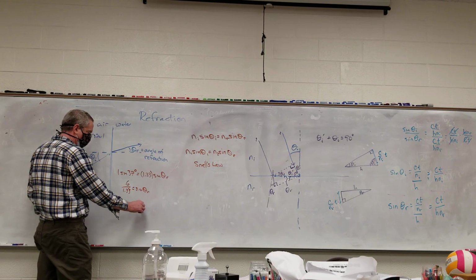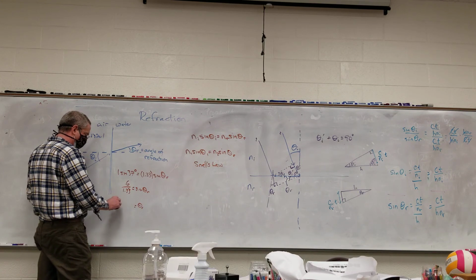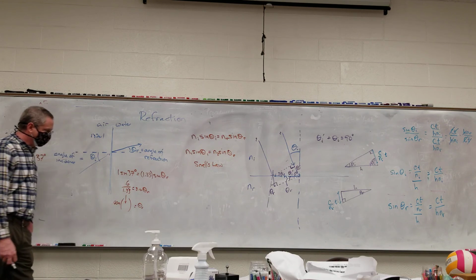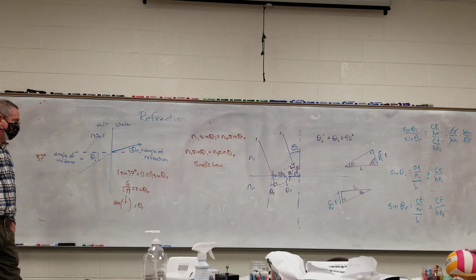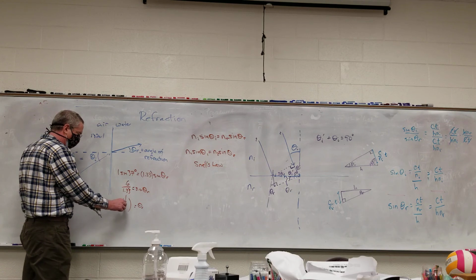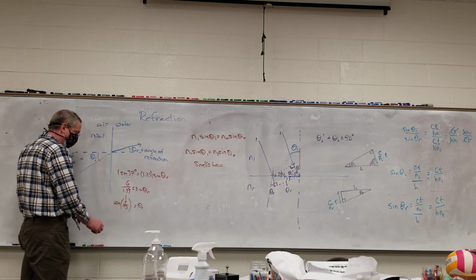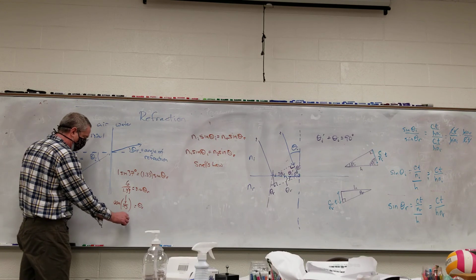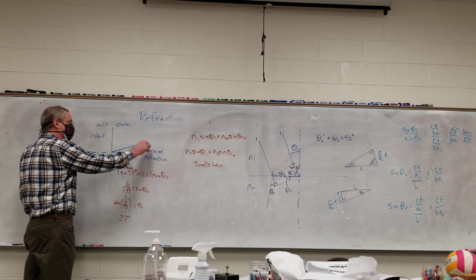So theta r becomes the arc sine of this. That's roughly 4/3, so arc sine of around 0.45, about 27 degrees. So this becomes 27 degrees.